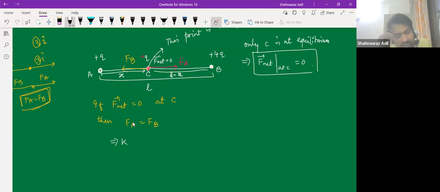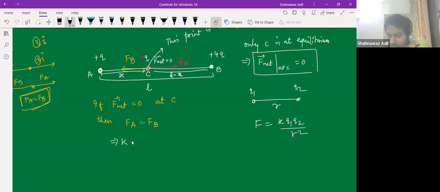Just remember what the Coulomb force is: K Q1 Q2 by R square. We are trying to find the force between A and C. Separation we know, charges we know. What would be the force FA?